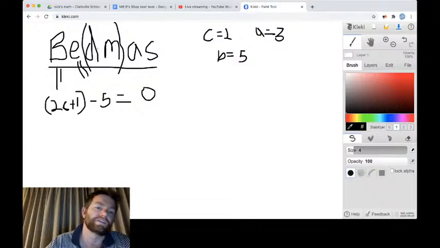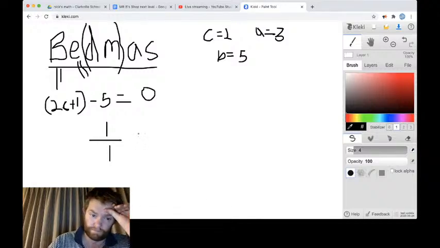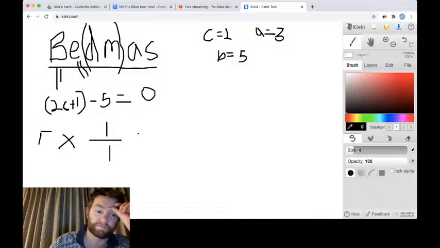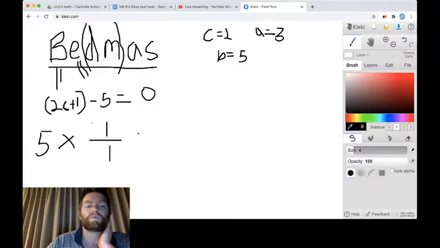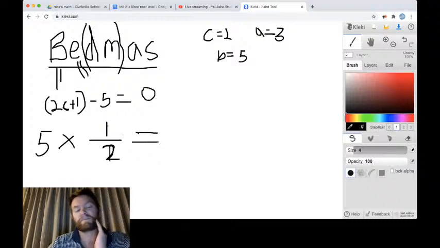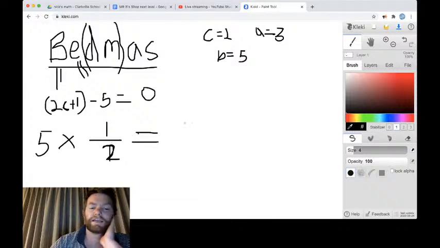What I mean is, even though the D comes before the M, if a problem looked like 5 times 1 divided by 2, you wouldn't necessarily do 1 divided by 2 first, and then multiply it by 5. You would just go in the order that's naturally left to right.